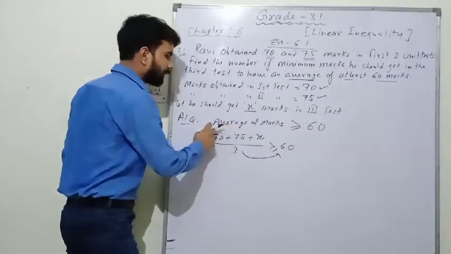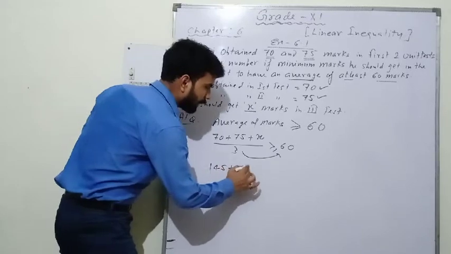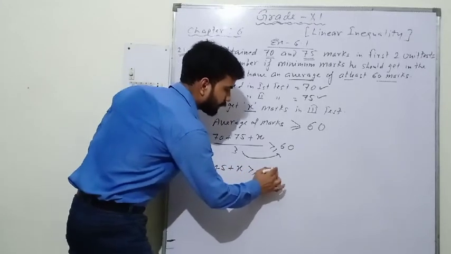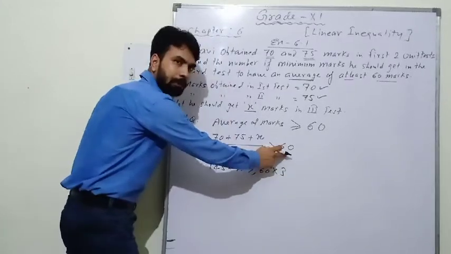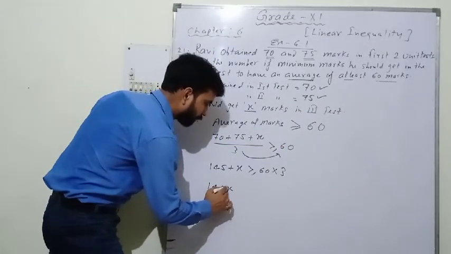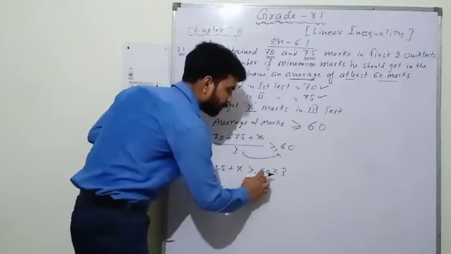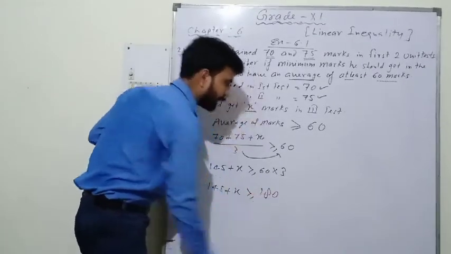And 70 plus 75, this will be 145 plus X greater than equals to 60 into 3. This 3 will be multiplied with 60. So 145 plus X greater than equals to 180.